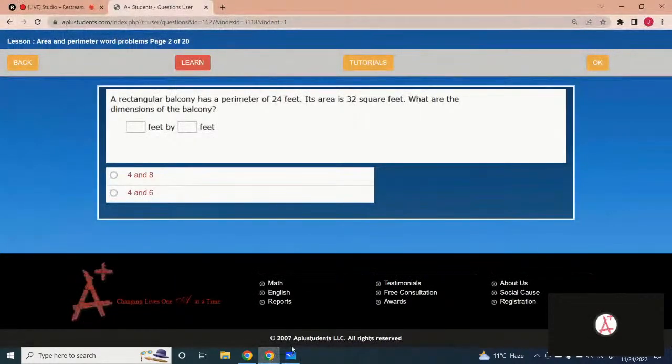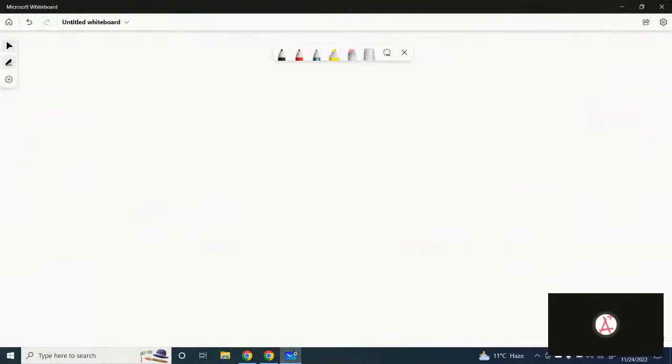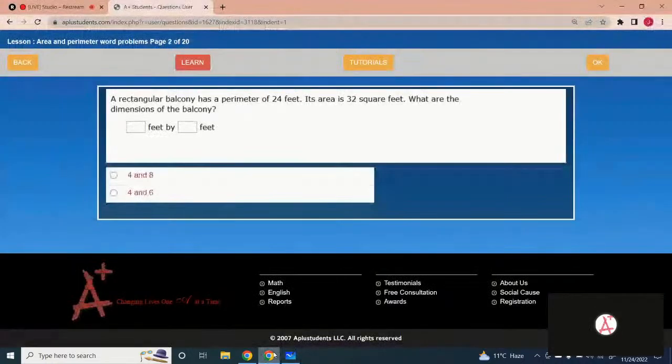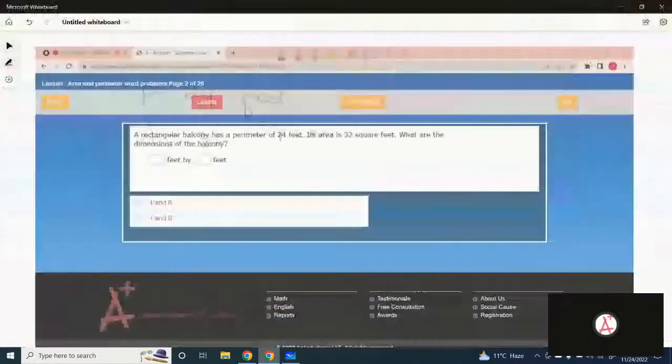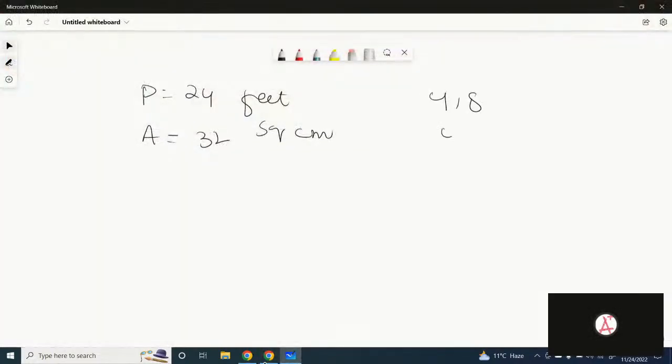It's a bit long. Okay, you have the perimeter 24 feet and the area 32 square feet. When you are not given the options, you have to use the method I used. Got it? Okay. The options you are given are 4 and 8, and 4 and 6. We know it's a rectangular shape again.